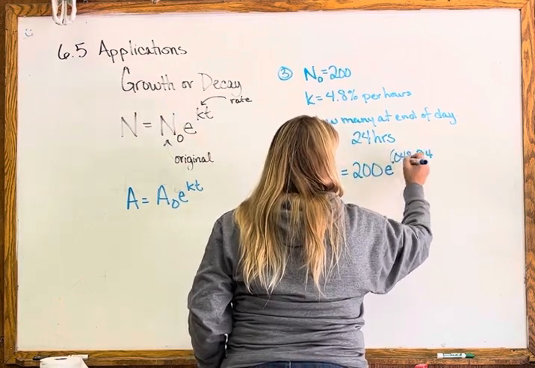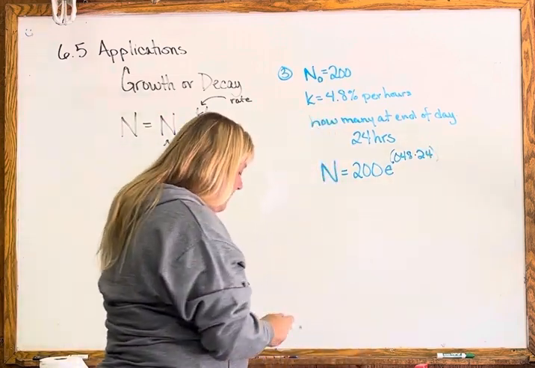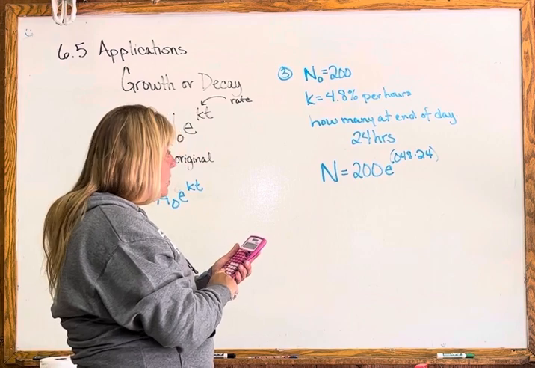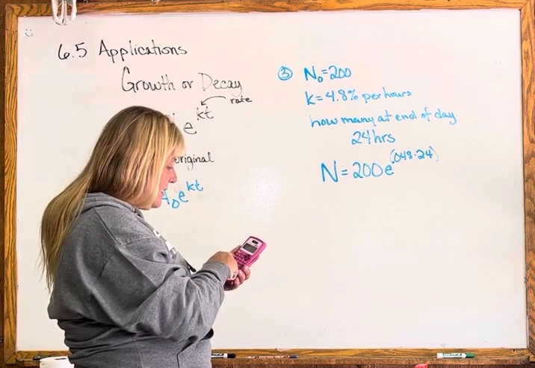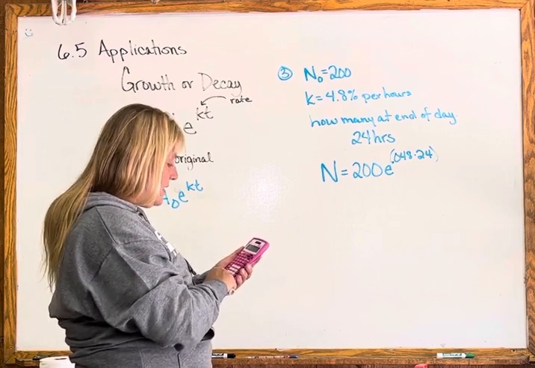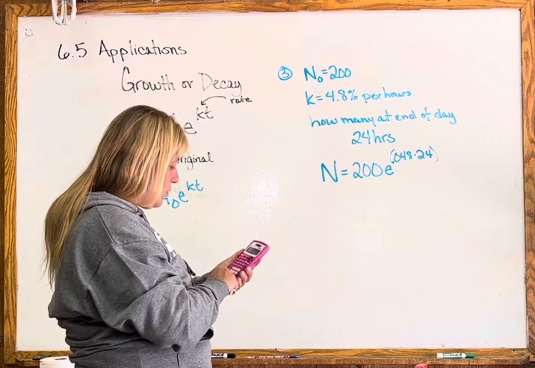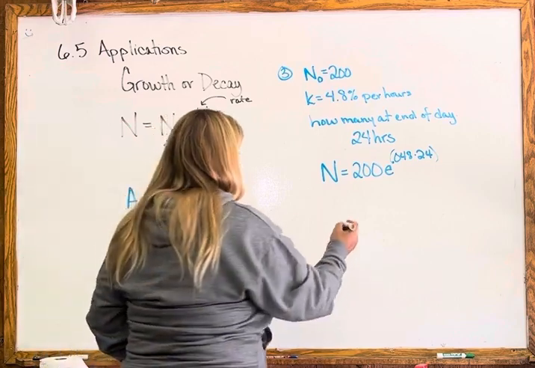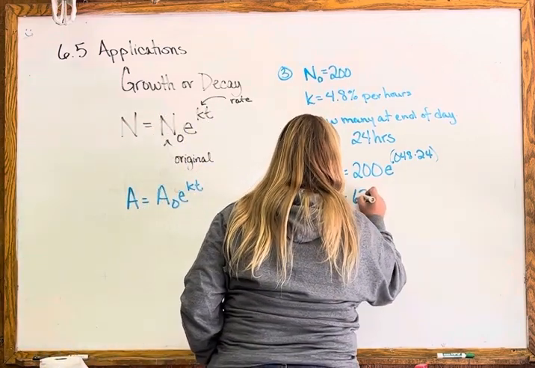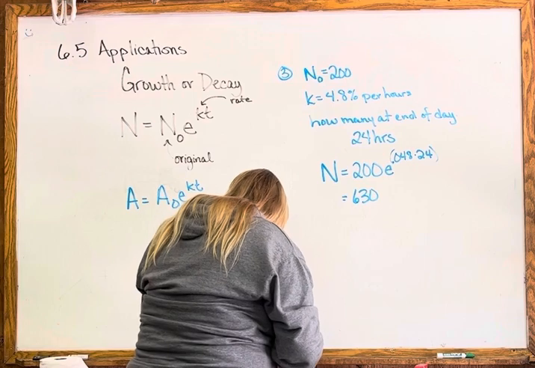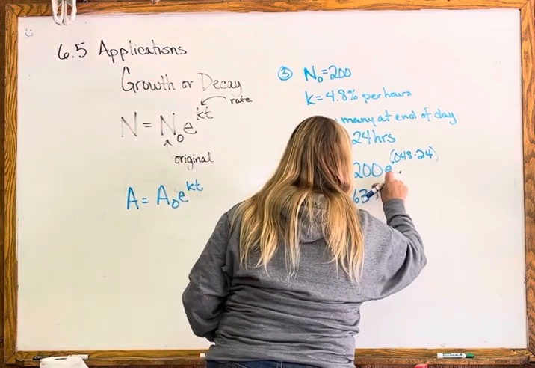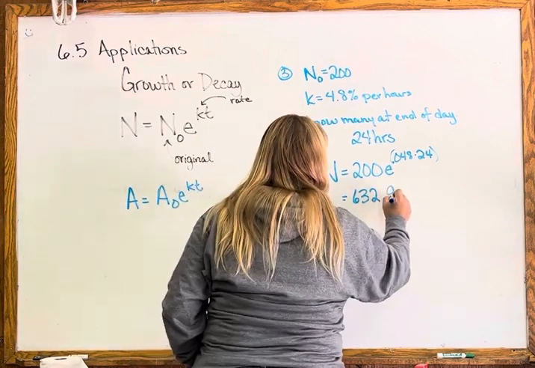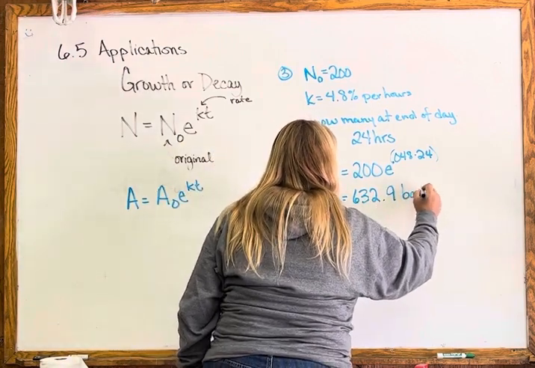So again, remember the calculator is going to give you that, just close that little parenthesis on there, and let's see how many bacteria we have. 200, second e to the x, 0.048 times 24. So I get that there should be 632.9 bacteria.